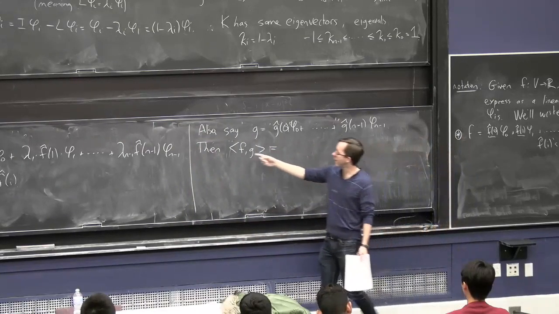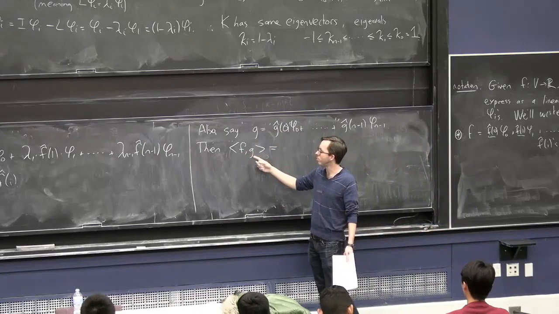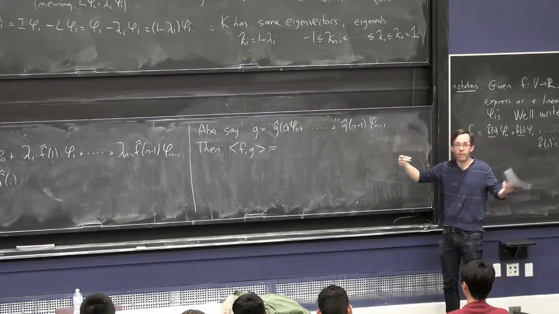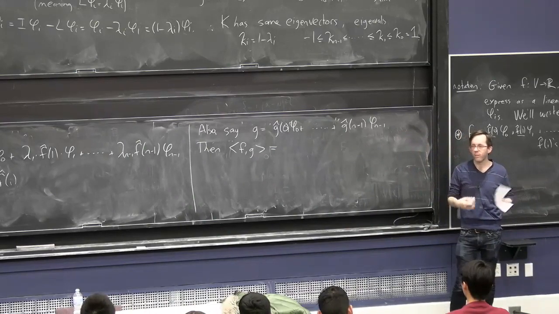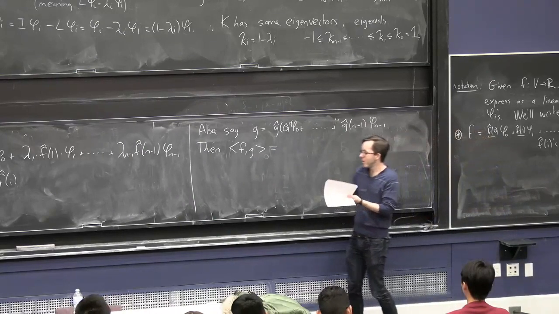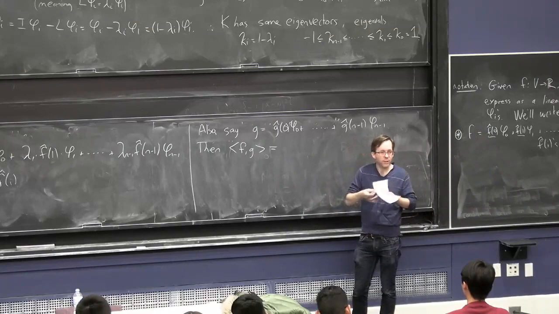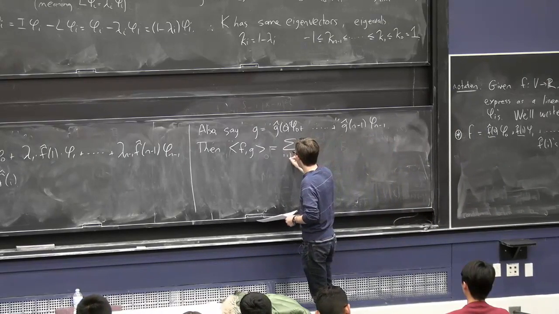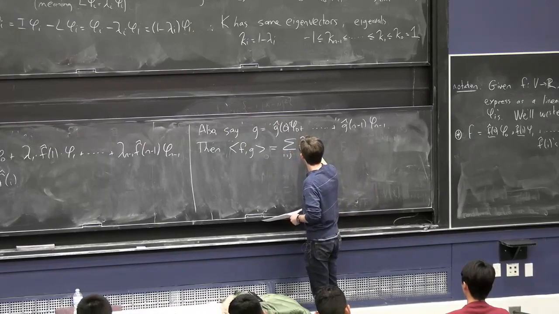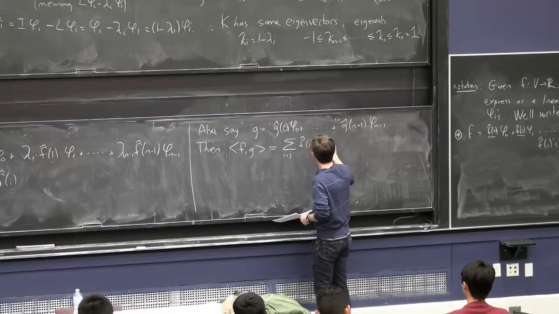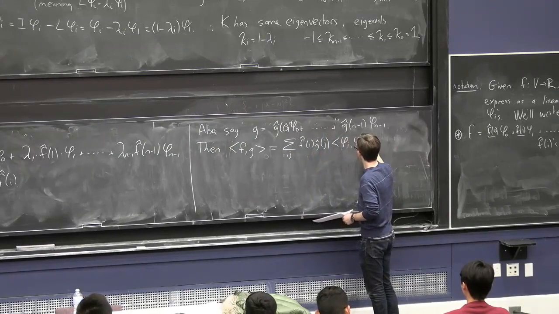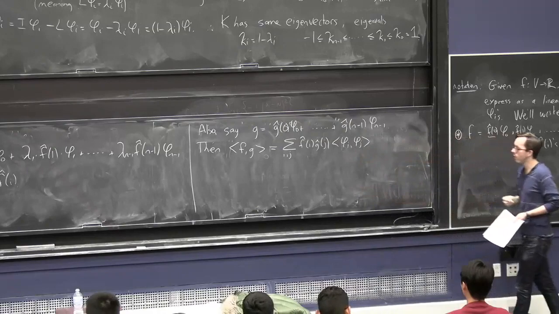Imagine we take this inner product of f and g, and we plug in f's expansion and g's expansion. So we have the inner product of two sums of n things. The inner product is linear, so you can expand it all out, and you'll get the sum over I and j of f hat I g hat j times the inner product of phi I and phi j. But now a good thing happens, right?